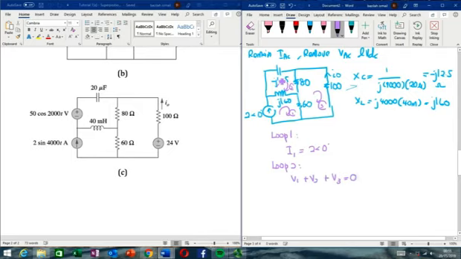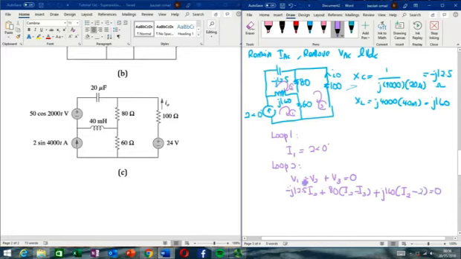So for V1 we have I2 multiplied with the XC, so minus j 12.5 multiplied with I2, plus, for the 80 ohm, the current is between these 2 loops, so I2 minus I3, and then for V3 it is j 160, and the current is between I2 minus I1. So I1, just substitute 2 directly in the equation.